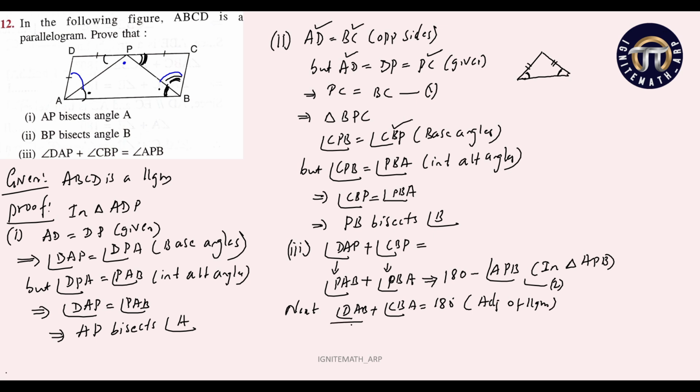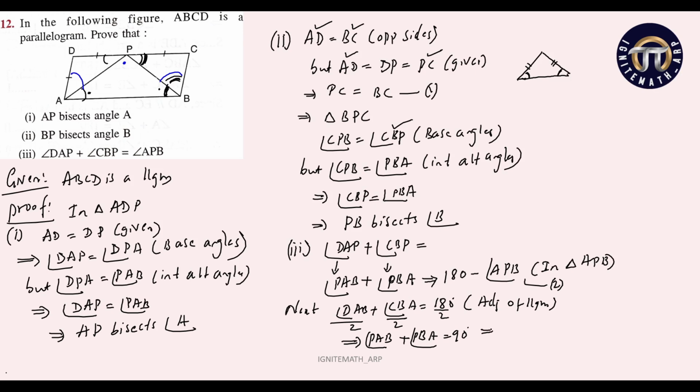So if I divide both sides by 2, half of DAB is PAB, correct? PAB plus half of CBA, and half of CBA is nothing but PBA, is equal to 90 degrees. Clear? So PAB plus PBA is equal to 90 degrees, I get.